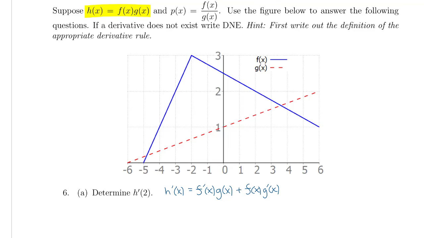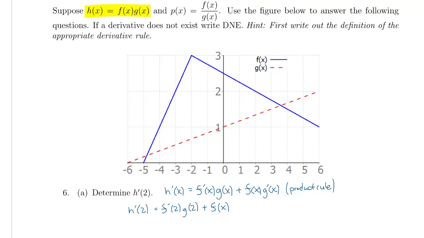This is exactly the product rule. This means that h prime of 2 gives us the following expression. You can see we simply need to find these values of f and g and their derivatives, and that will give us h prime of 2.